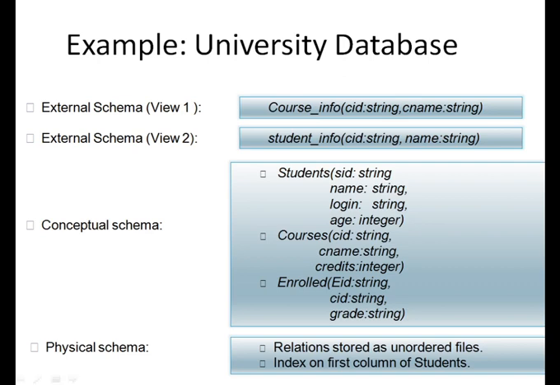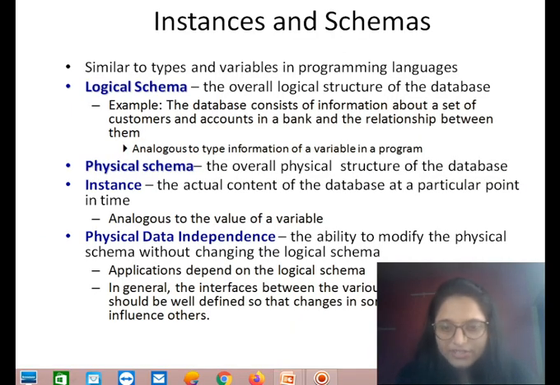Another, view 2, only has knowledge about student info. For view 2, course info is hidden. For view 1, student info is hidden. This is known as the view level of abstraction. Done. So dear students, in our view of data, the first point is data abstraction.